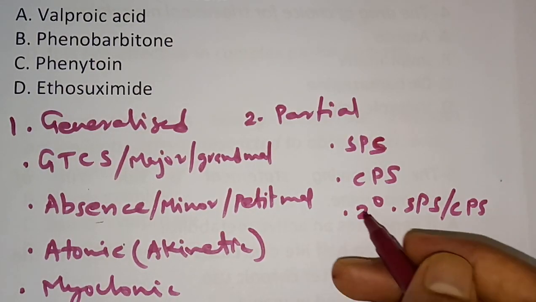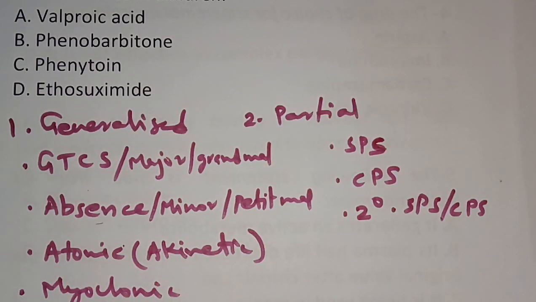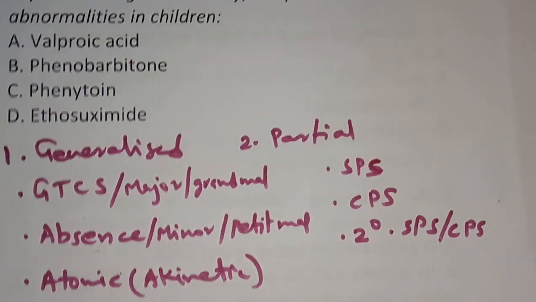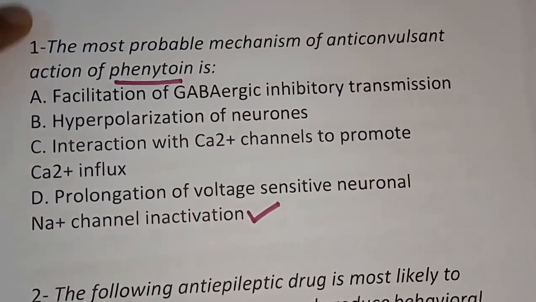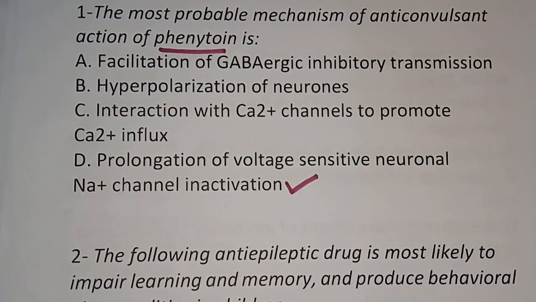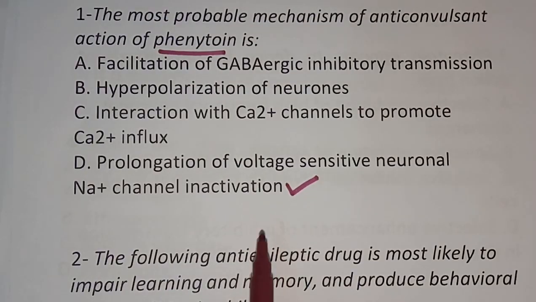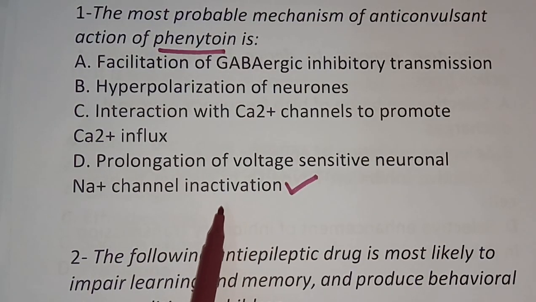These are the different classifications of seizure. Now we will see the first question. We studied this one. The mechanism of action of phenytoin is through prolongation of sodium channel inactivation.